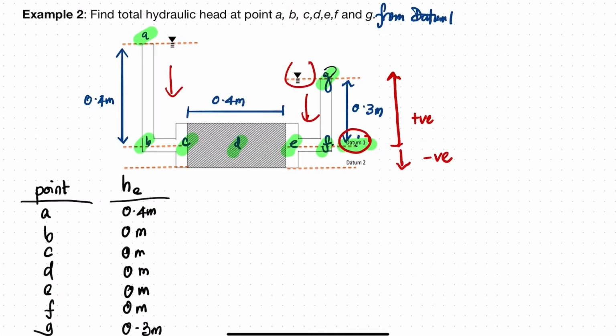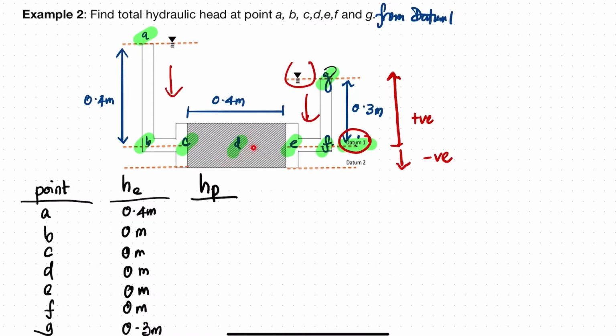Okay, next is to find the pressure head. So we're going to write HP here. Recall earlier, pressure head is measured from the water table level. So here, water table level. If you look at it, all 3 points actually experience pressure from this side of the well, whereas on this side of the well they experience not from this side, but this kind of pressure head.